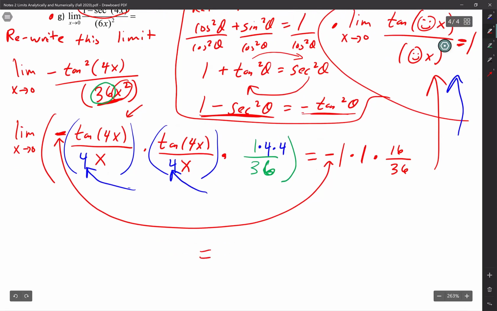So equals, let's see, negative. 16 and 36 are both even. What's 16 over 36 reduced to, guys? 4 over 9. Perfect. 4 over 9. Why did that take longer than it should have? All right, there it is. And that limit is negative 4/9.